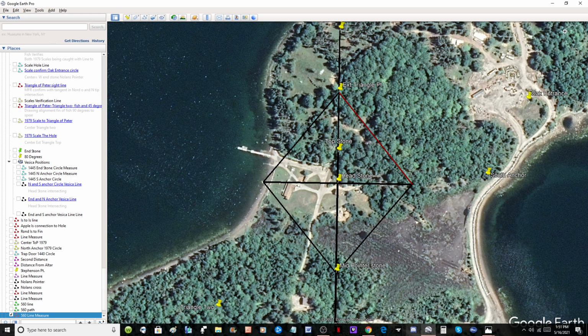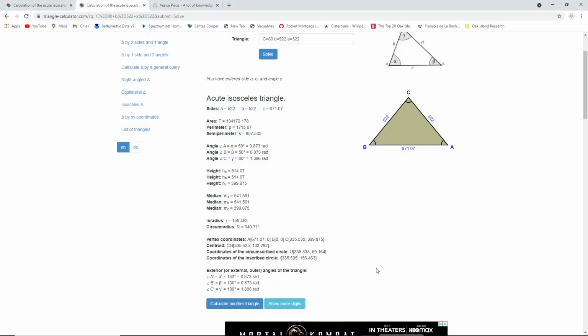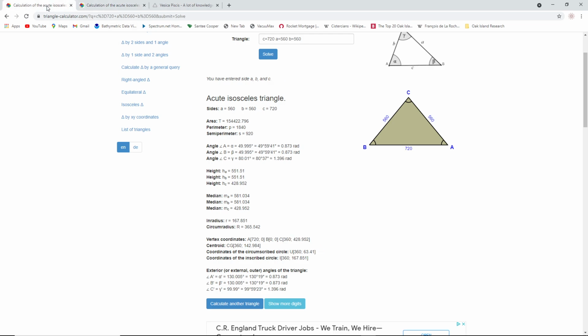So let me show you something. 560 feet. Well, let's go back to here. Okay, here we have 522, and we put that into a calculator. And the third element we put in is 80 degrees. Here's the 560 measurement, 720, and the angle C here is 80 degrees.